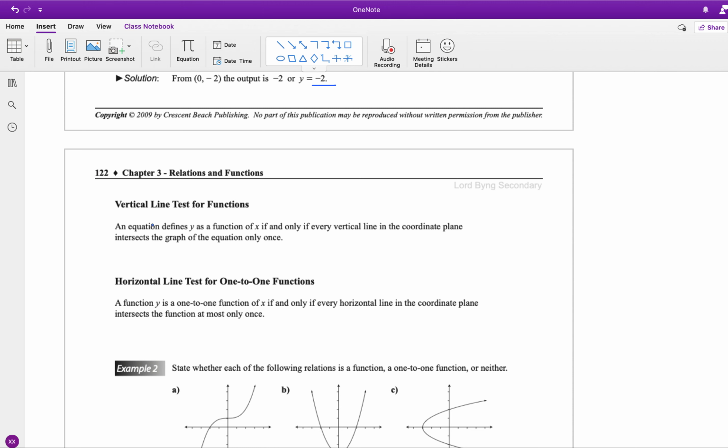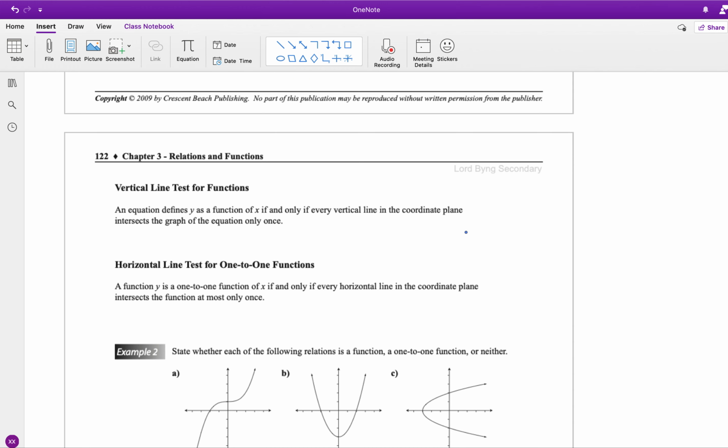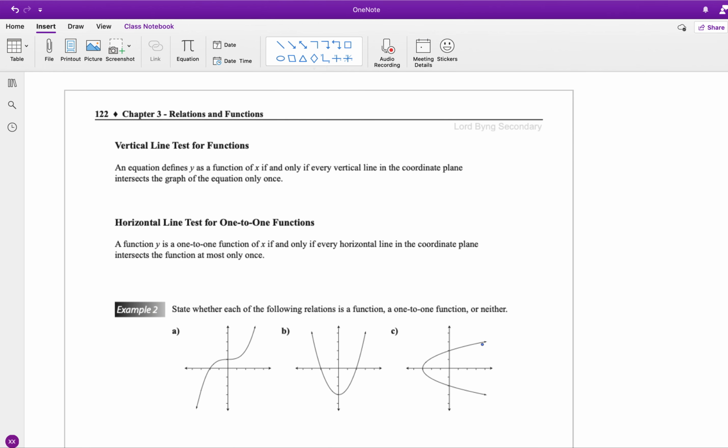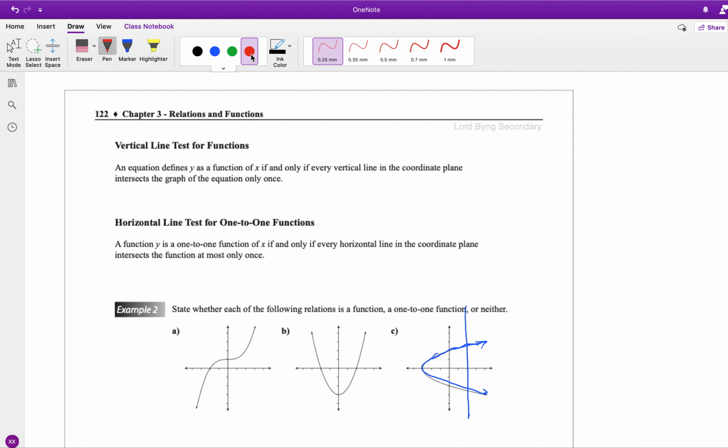Now, what does this mean? Vertical line test for a function. Let's say you have a relation, looking at this graph, and you use a vertical line. This vertical line would hit 2 points on your graph, one here and one here.